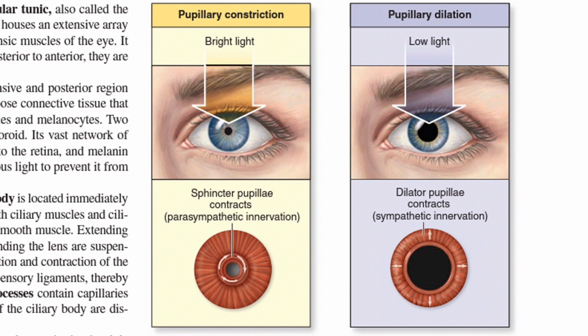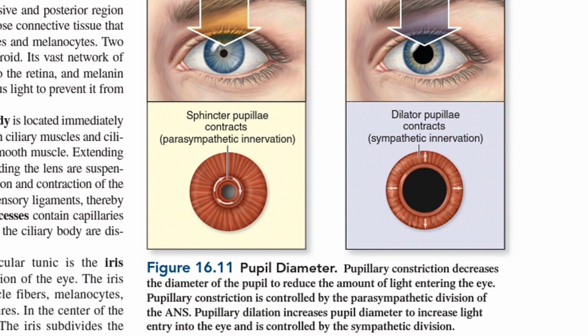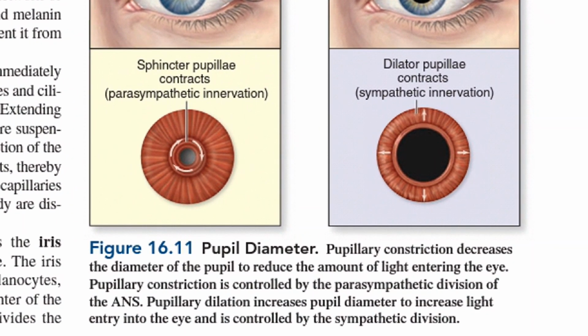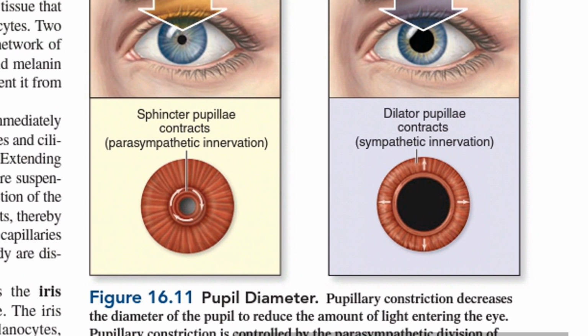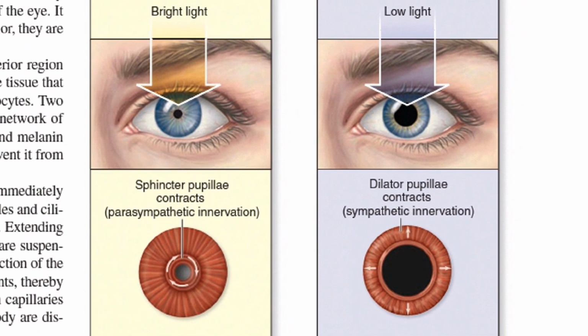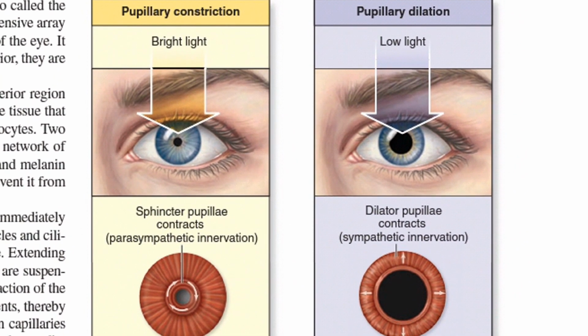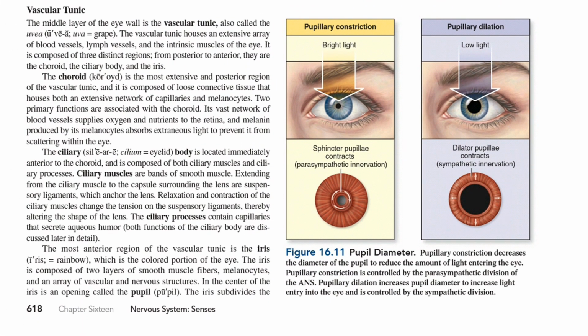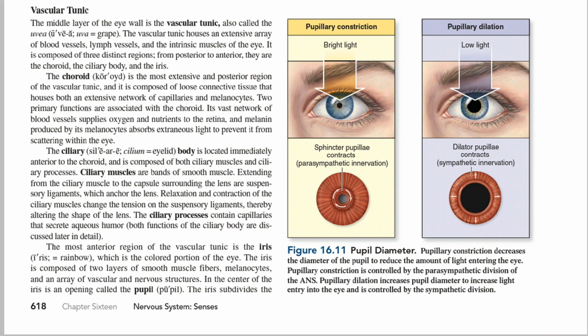In pupillary constriction, parasympathetic, we have already discussed this in the autonomic nervous system. So the parasympathetic nervous system is responsible for pupillary constriction, and the sympathetic nervous system is responsible for pupillary dilation. So pupil diameter they are showing.